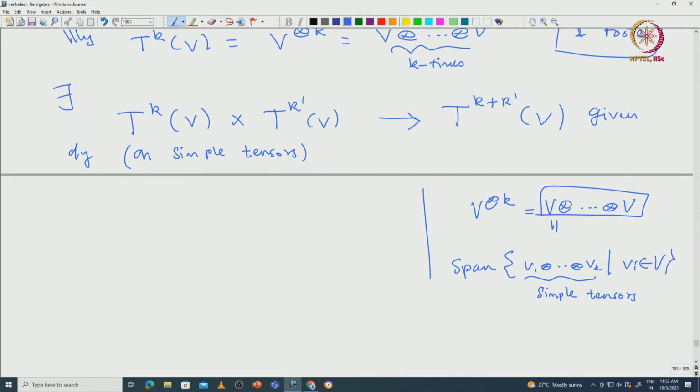Anyway, there exists this natural map from the product of these two spaces to the degree k plus k' space.